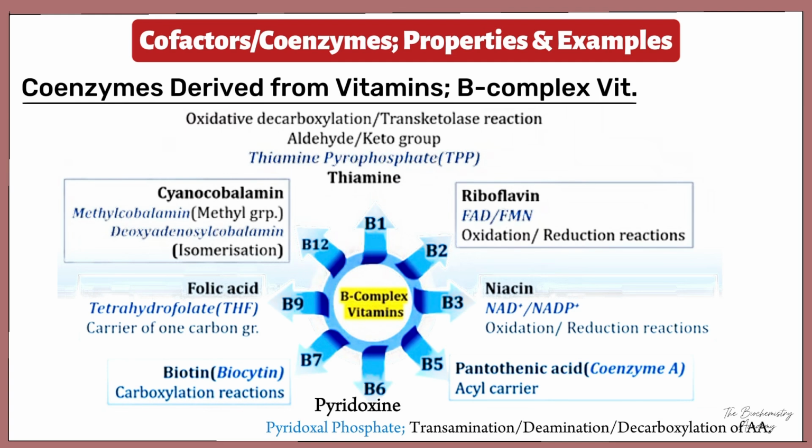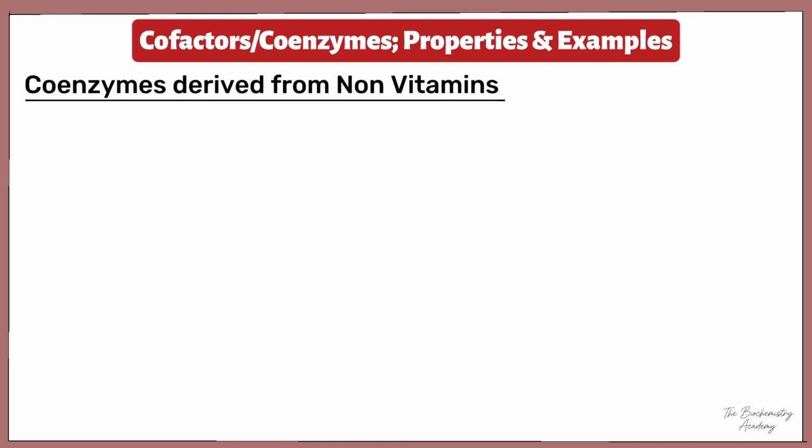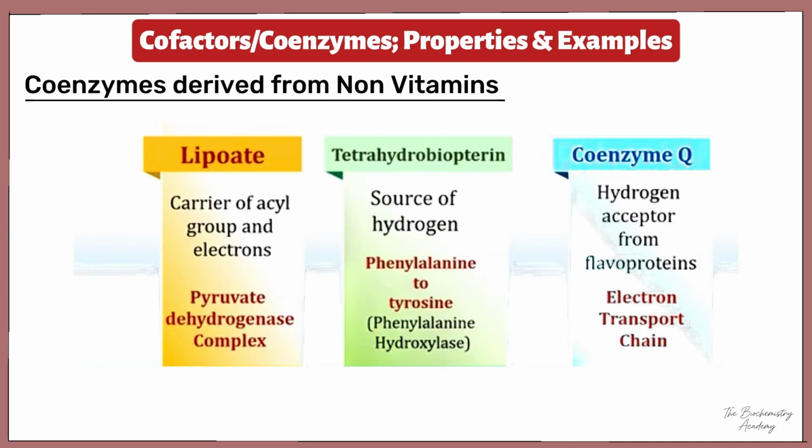The coenzyme is methylcobalamin, which is required for the carrier of a methyl group. So these are the vitamin B complex, and these are the coenzymes that are derived from these vitamins. There are other coenzymes that are derived from non-vitamins, and they include lipoate, tetrahydrobiopterin, and coenzyme Q.